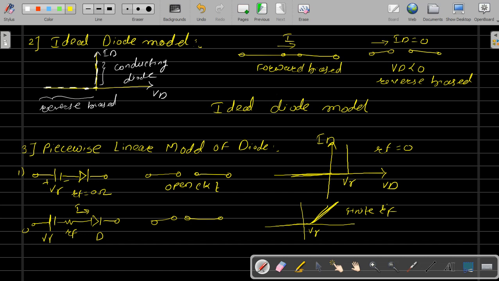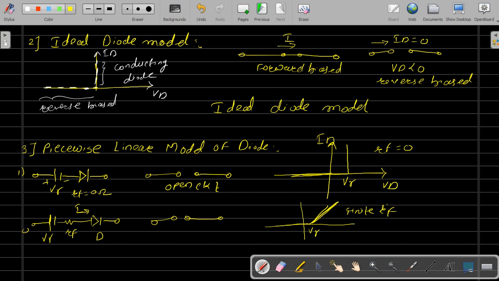So as this method represents the diode with pieces of straight lines, the name given to such an approximation is the piecewise linear model or piecewise linear method. And the characteristics of the diode, which you can see here, are called piecewise linear diode characteristics.